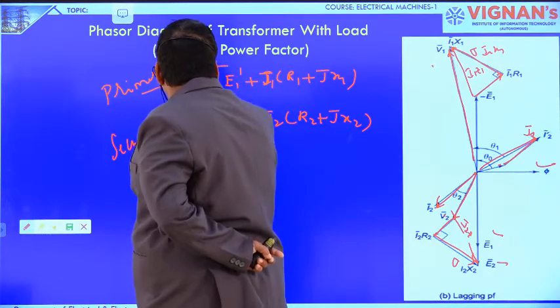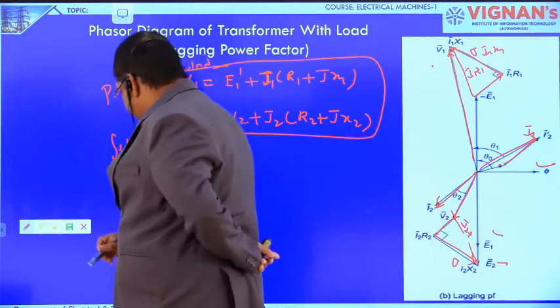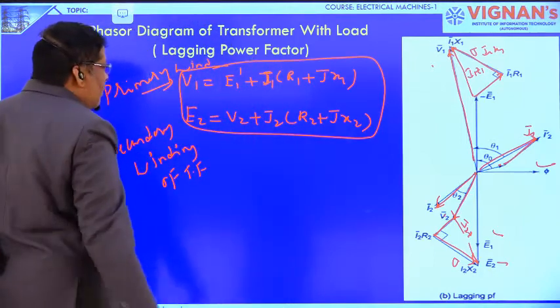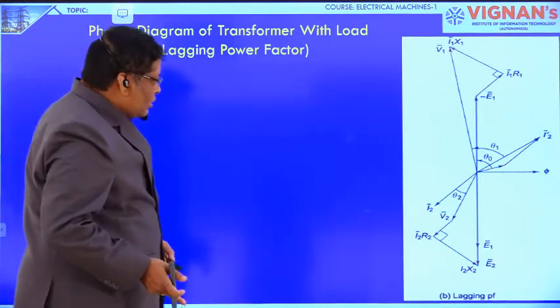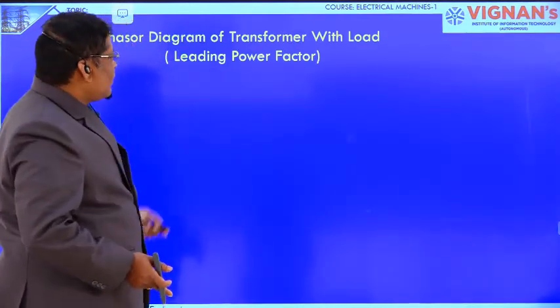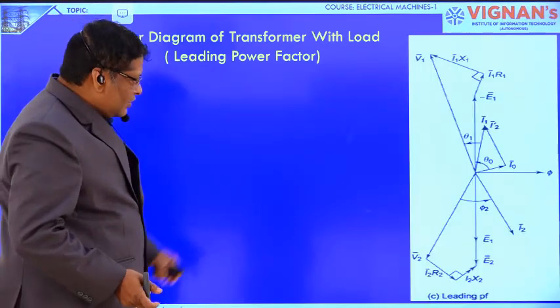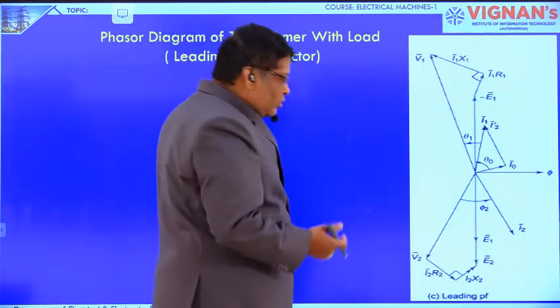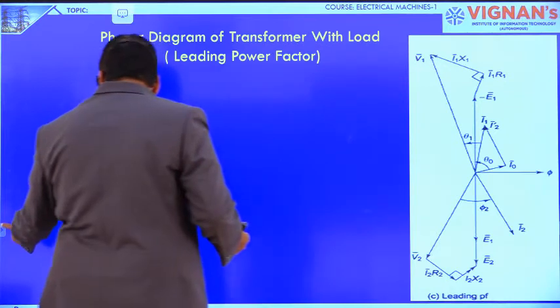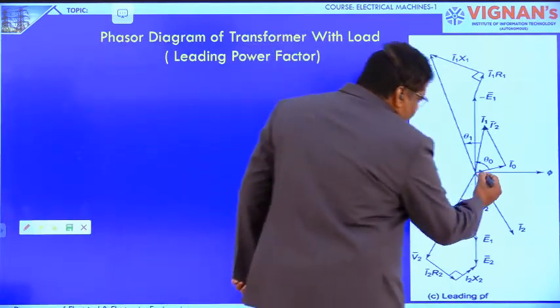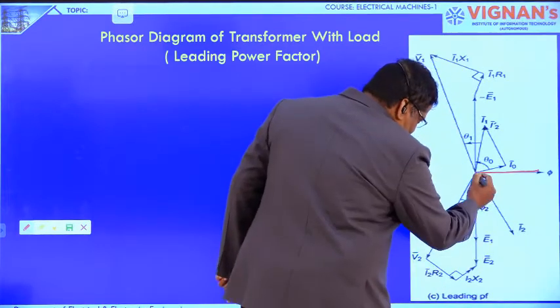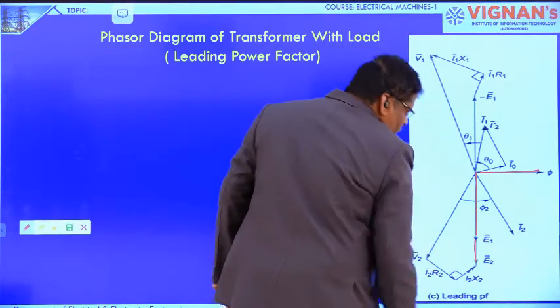So finally we got only these two equations from the phasor diagram with a lagging power factor. In the same manner, we are going to see the leading power factor. Same procedure you followed here. See here, first we have drawn the flux, next E1 and E2.